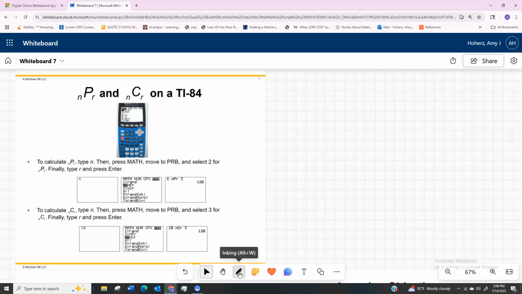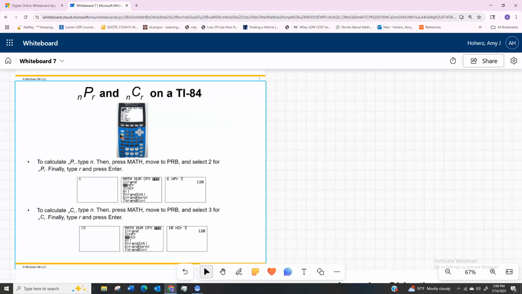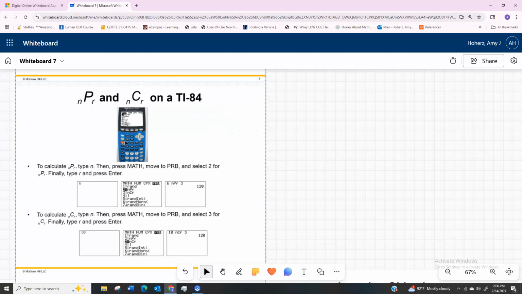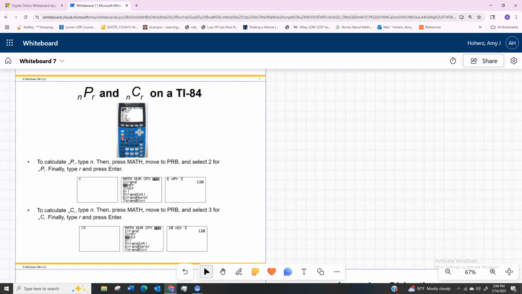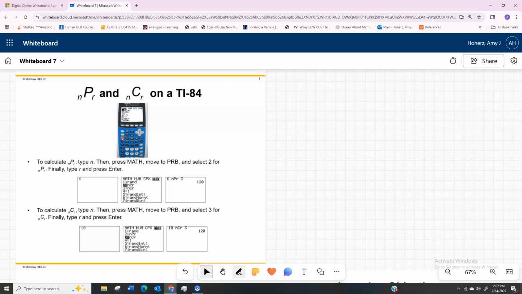So push math, and then it'll look a lot like what we were doing. The math button is right here, that red one that's lit up on this slide.